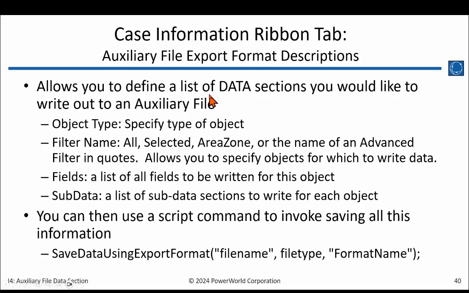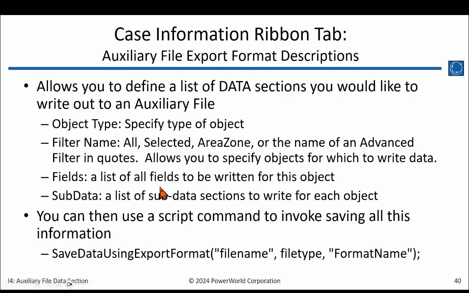It's just a quick way to dump everything out without having to manually configure your individual Model Explorer displays or go into individual dialogues that have the option to save those options out to an auxiliary file. You can just define everything that you want to save once and then use that to save things out as many times as you need to.